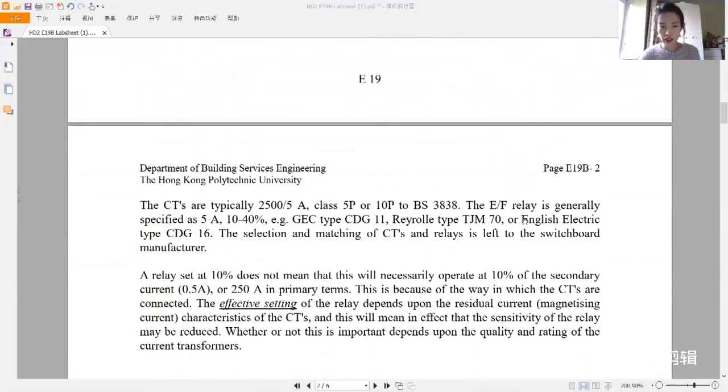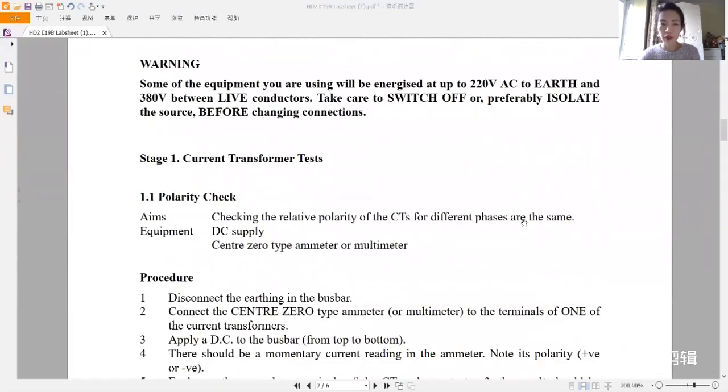After this brief introduction, we will start the experiment. This experiment includes 4 stages. The first stage is the current transformer test, and in this stage we have 2 steps.